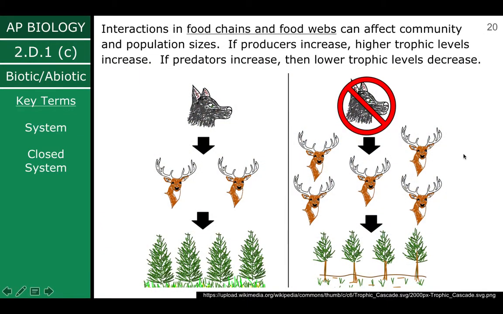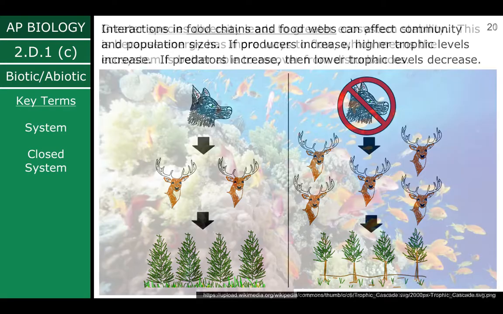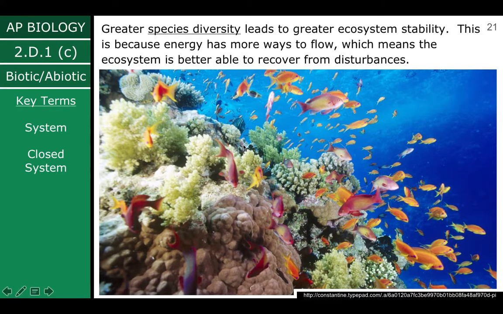If all the species in a certain environment had only one food source, that really ties them down, and then if something happens to this food source, it all dies, it catches on fire, whatever happens, all the species are affected. Whereas here, if we have a lot of different means of energy flow, then a disruption can happen, a disturbance can happen, and that ecosystem will survive still.